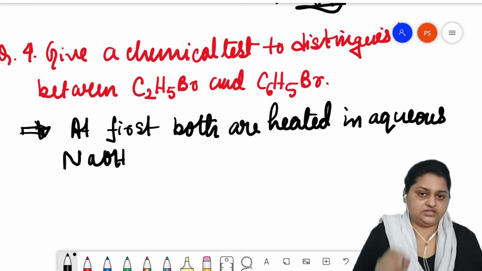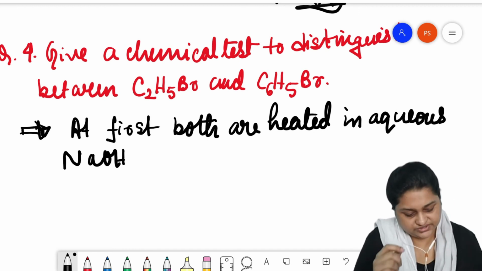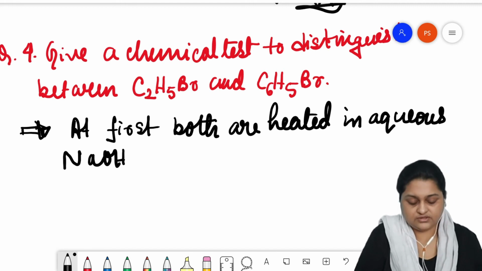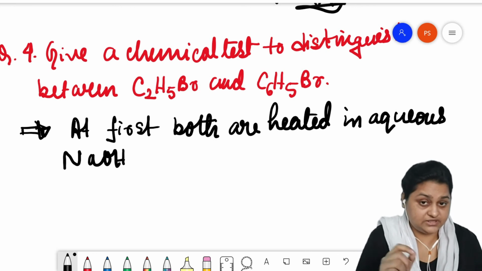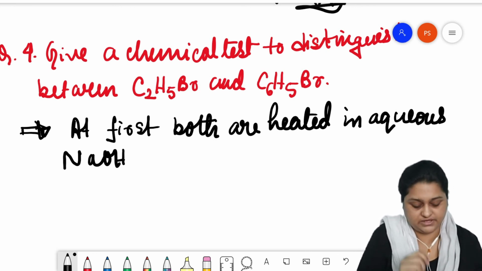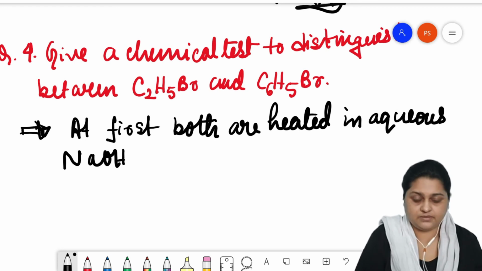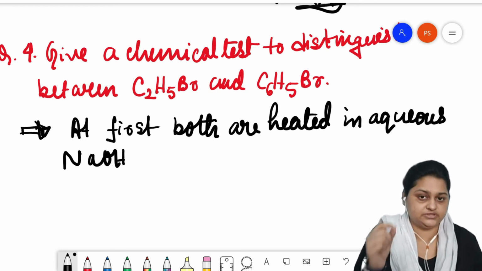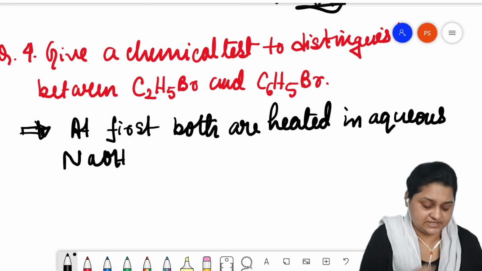When this ethanol and NaBr solution is treated with silver nitrate, that will give silver bromide precipitate. But this entire reaction will not occur for C6H5Br. So by this chemical reaction and the observation, we can distinguish between C2H5Br and C6H5Br.